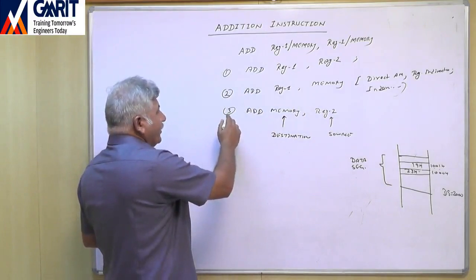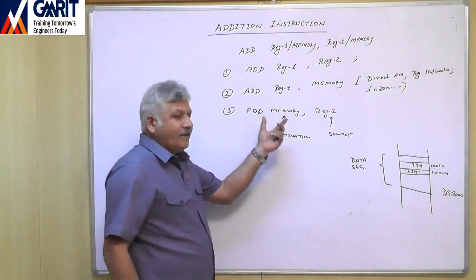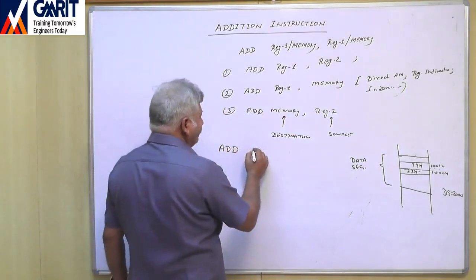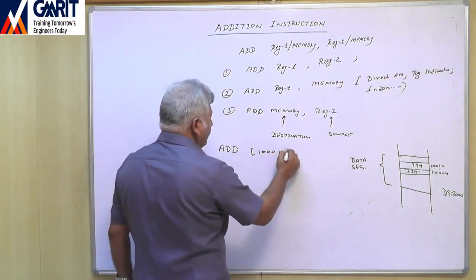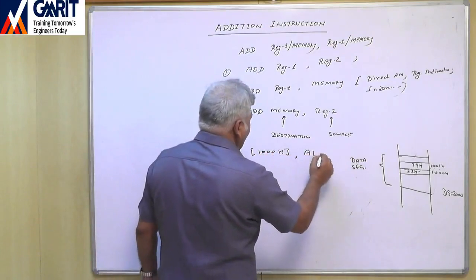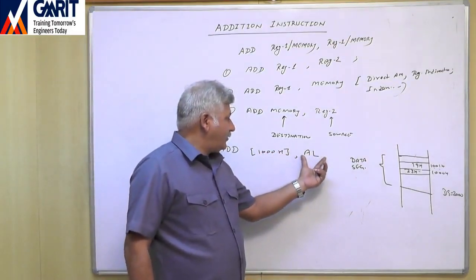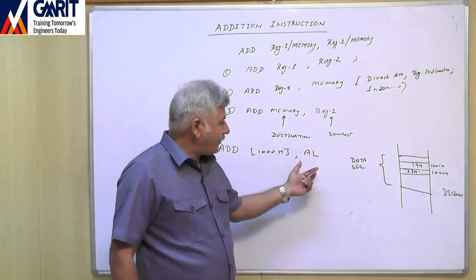Now the third case is just similar to the second, the only thing is our destination is memory. For example, ADD [1000H], AL. So here see the register, the register is 8-bit. So this indicates there is an addition of 8-bit numbers, right?